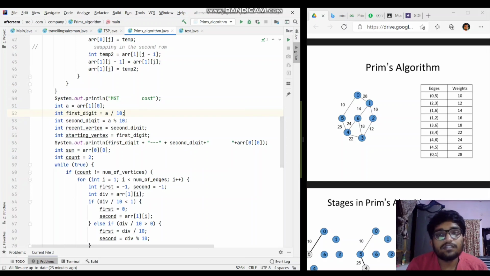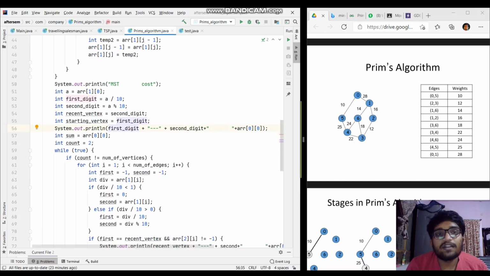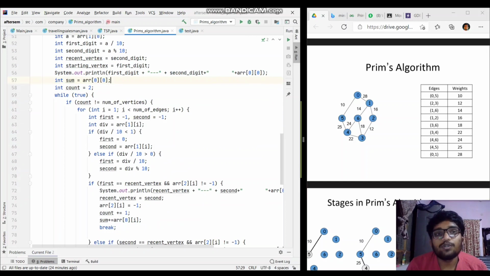And we are giving a print statement with 0 plus an arrow and 5 and the particular weight. So this is the mandatory statement, so we didn't have any loop for this. Just without any loop we are just printing the first record in the array, and next we are using a loop to do the remaining process.